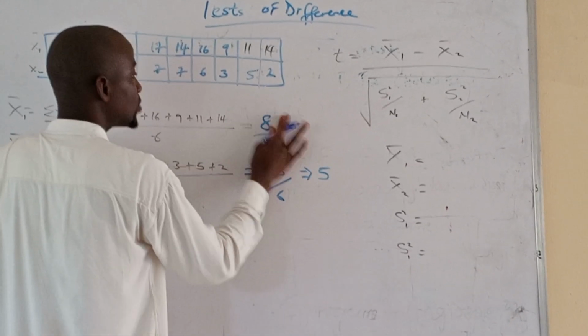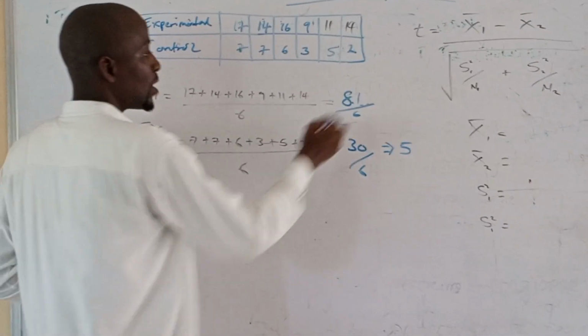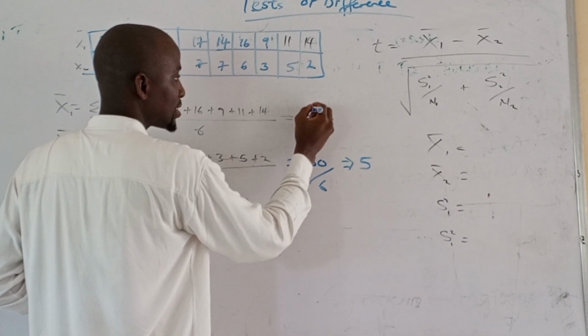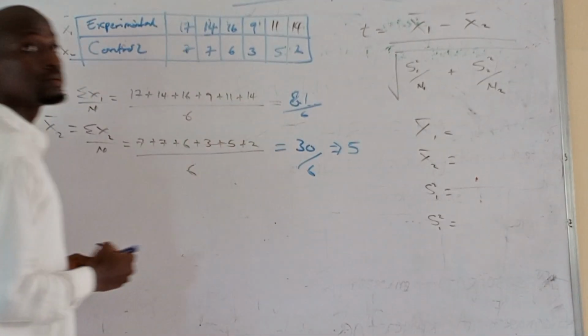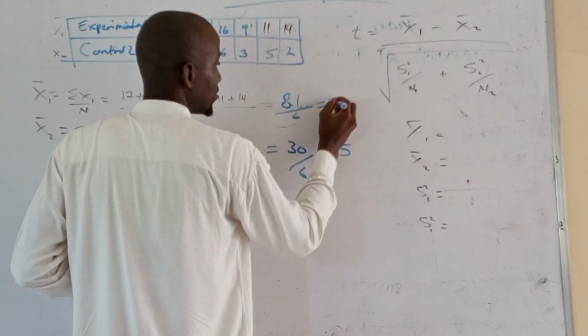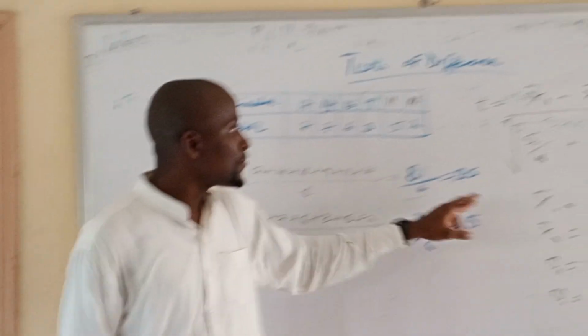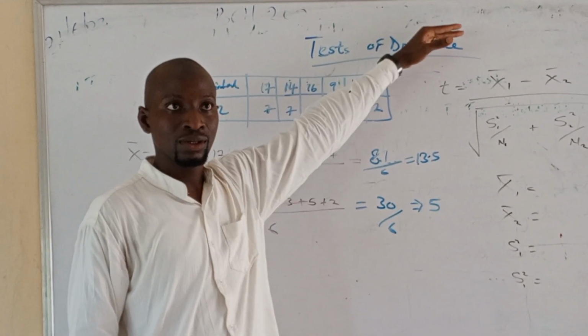For the first one here, it is 81, so 81 divided by 6 will give us 13.5.